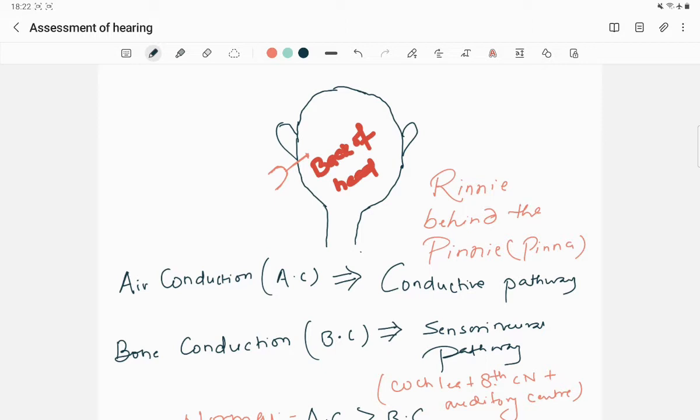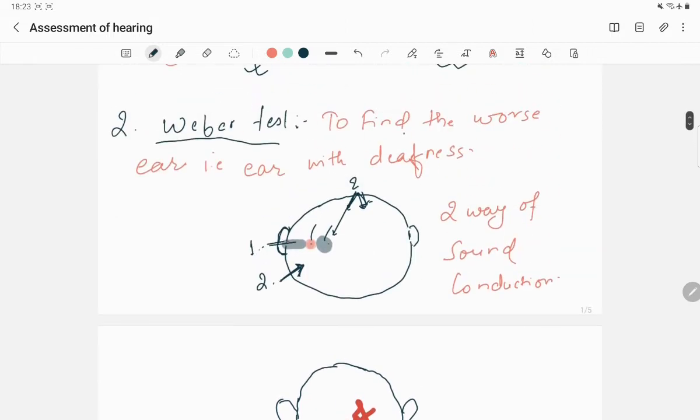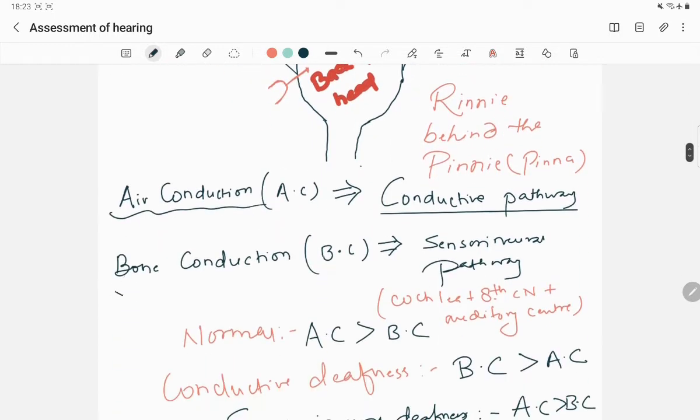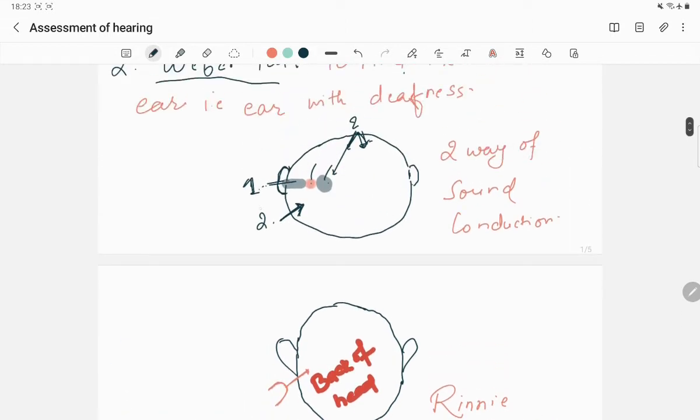Although both terms contain conduction, when I am talking about air conduction, it implies the conductive pathway, that is pathway number one. And when I say bone conduction, it implies the sensorineural pathway, that is this number two pathway.